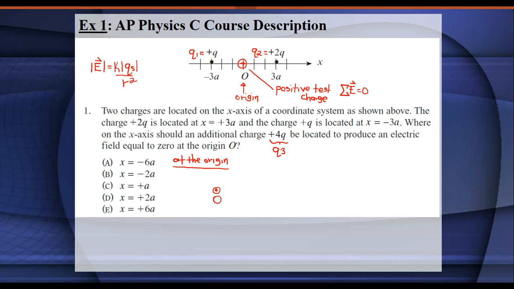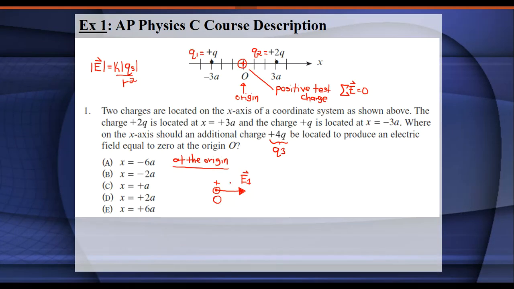So which vector is going to contribute more to the electric field at the origin? Well, first let's identify the direction. At the origin, the direction of the electric field is the direction a positive test charge would go. So a positive test charge in comparison to Q1 would want to repel away from it. So we could represent this with a vector that points towards the right, and we'll call that E1.